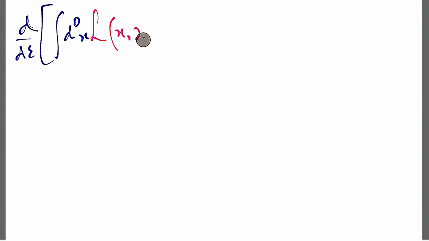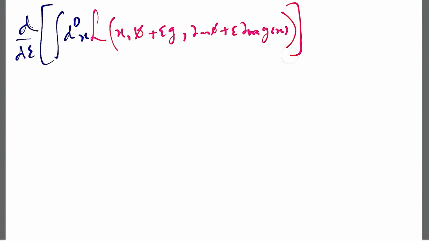Then we have delta m, phi plus eg, delta m phi, and it's phi of x, keep that in mind, plus eg of x, m, and the bracket closes. That is what we have, and it is at e equals 0.